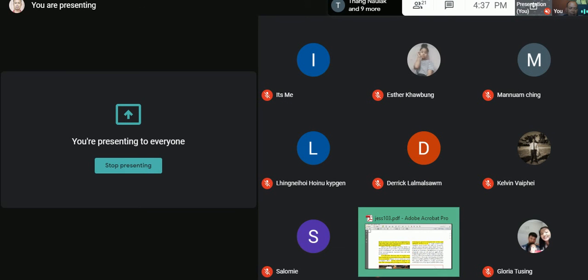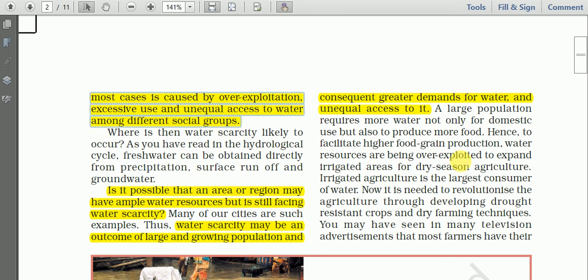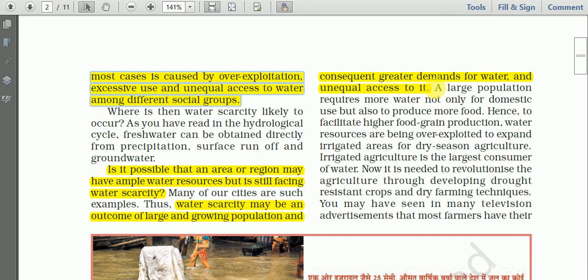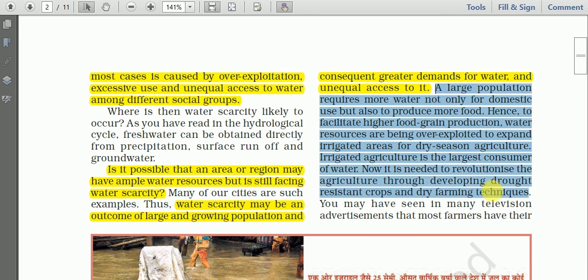Another important cause is this one. Actually, this is the explanation of overexploitation, then large growing population.